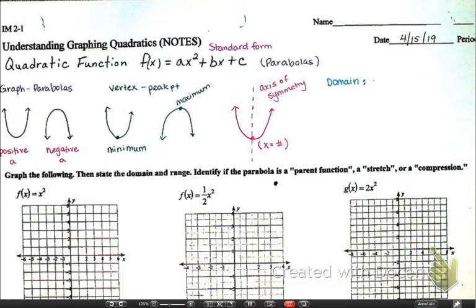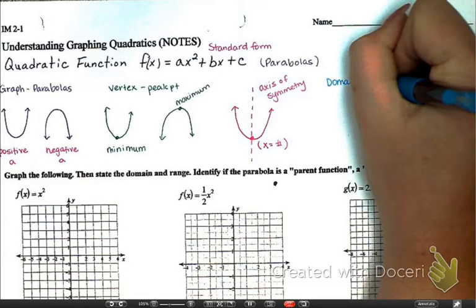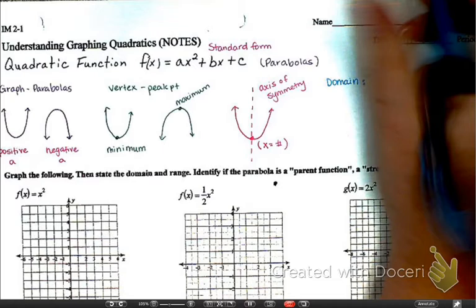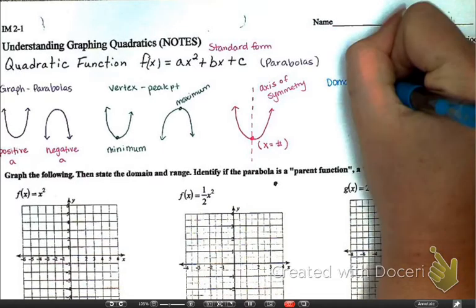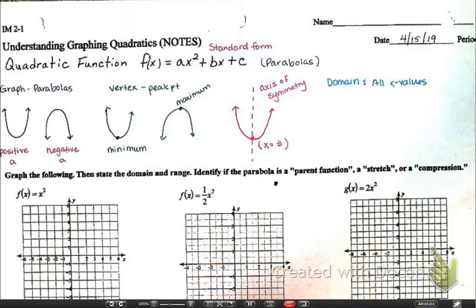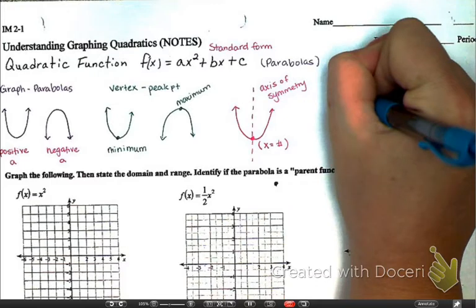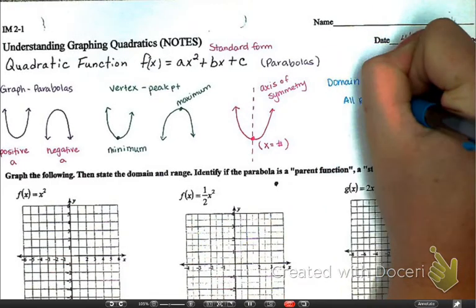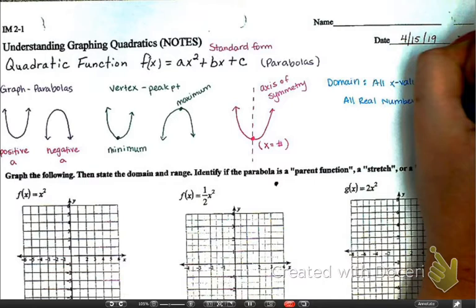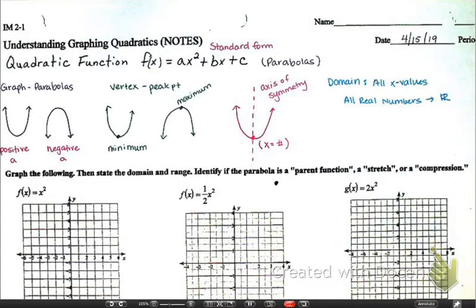Okay, so your domain is all the x values. For every single parabola that we're going to deal with, our domain is always all real numbers. And you can write it like that. Okay, so your domain is all of your x values. It's always all real numbers.